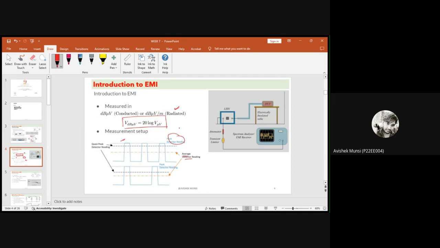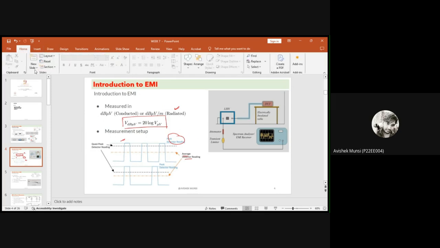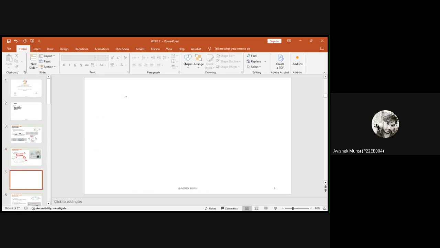So what are the EMI devices? To test EMI, the main component we require, number one, is the spectrum analyzer, or we also call it an EMI analyzer.